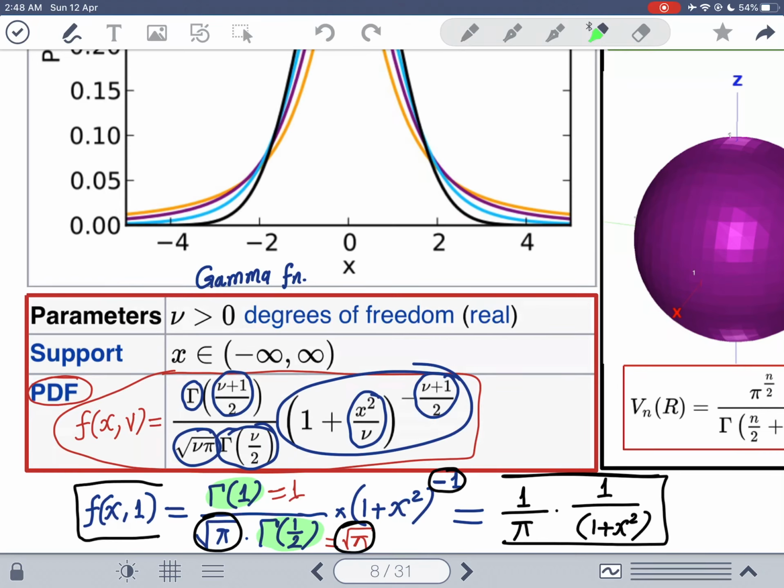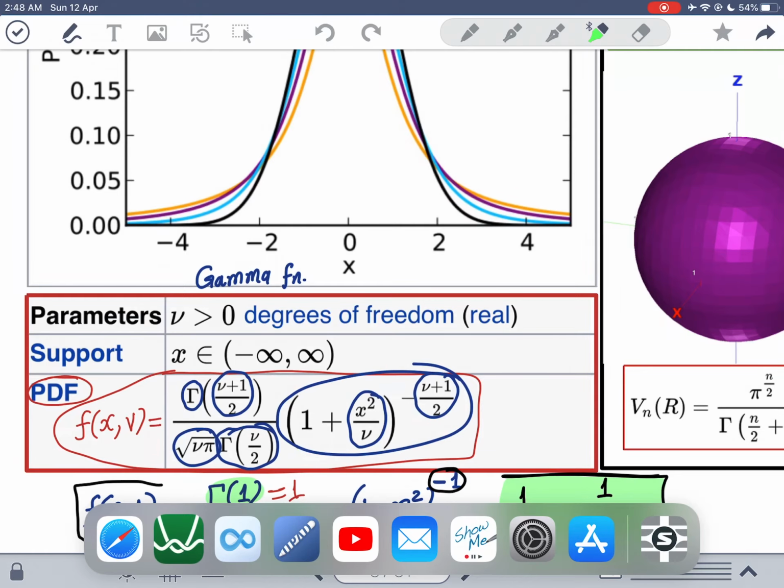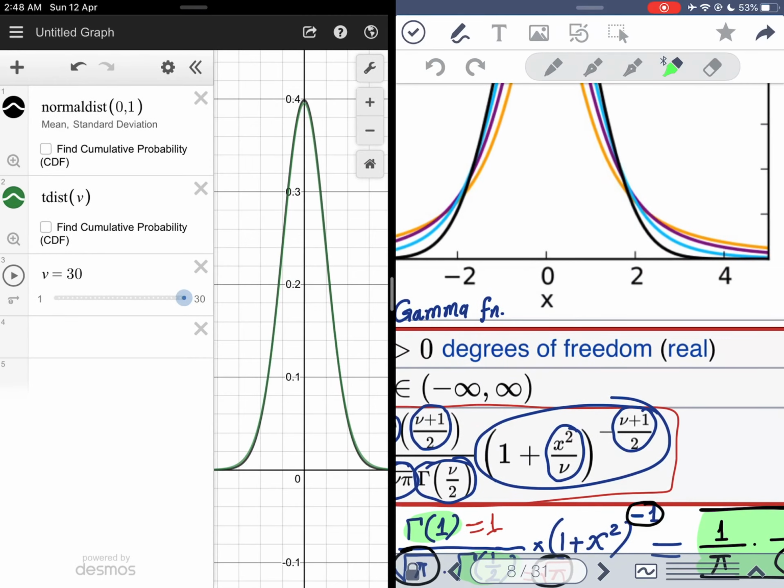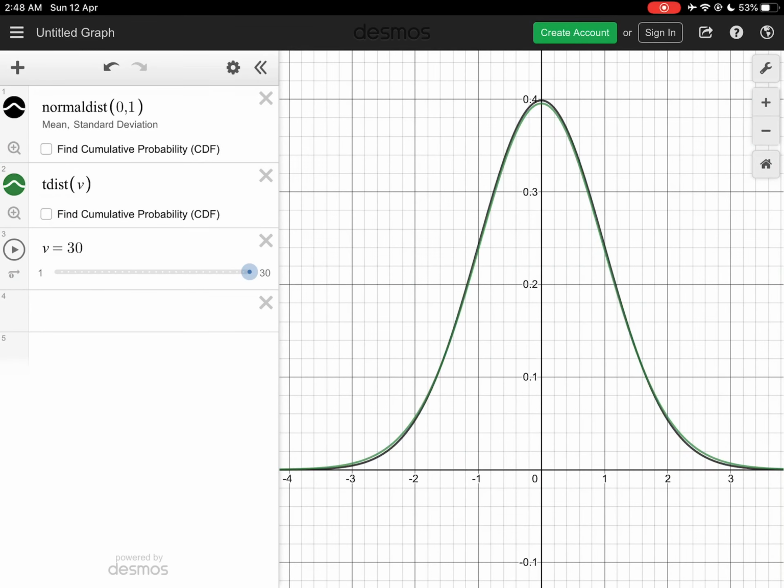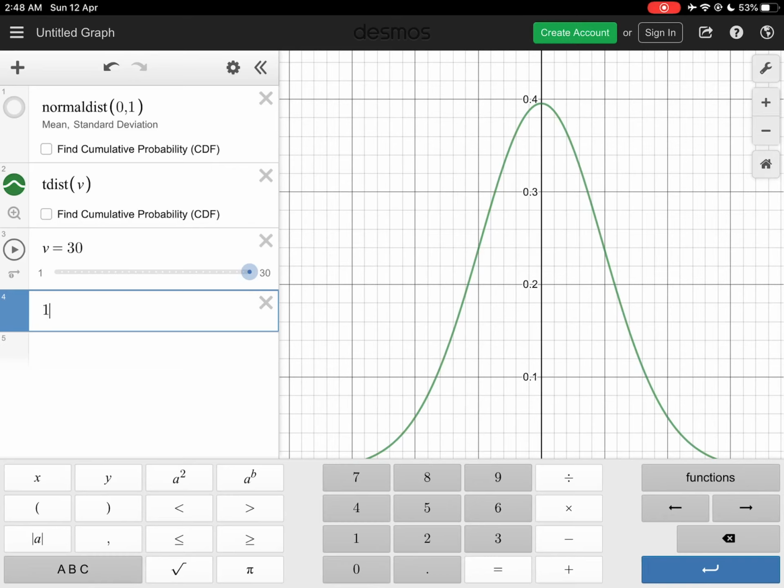Now I'm going to graph this function and see if it really agrees with what we had before in Desmos with degrees of freedom 1. Let's take the normal distribution out, and here I will enter 1 over pi times 1 over 1 plus x squared.